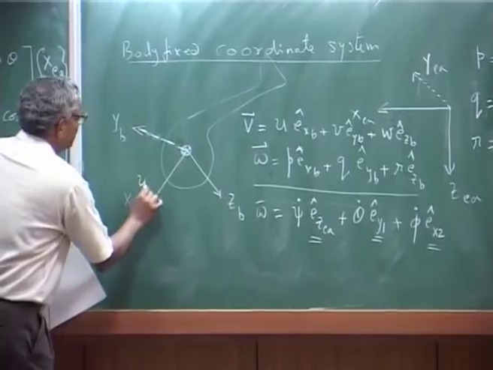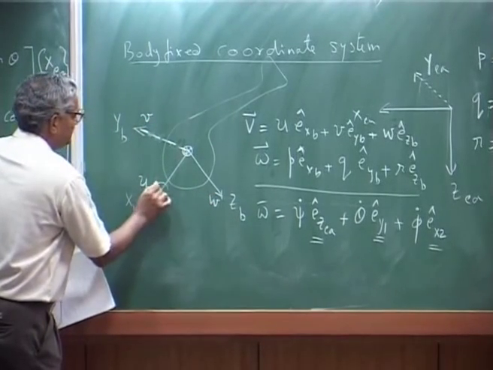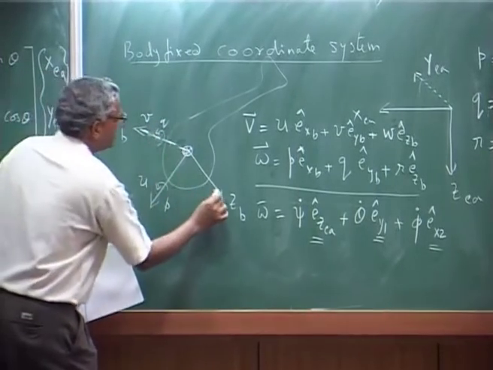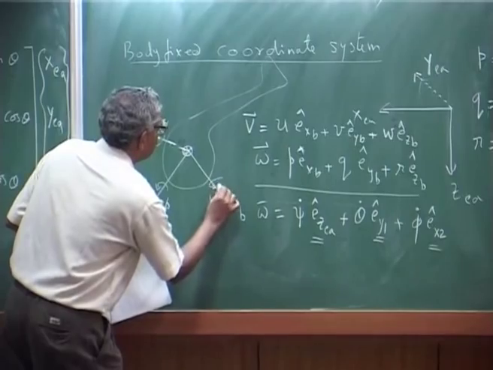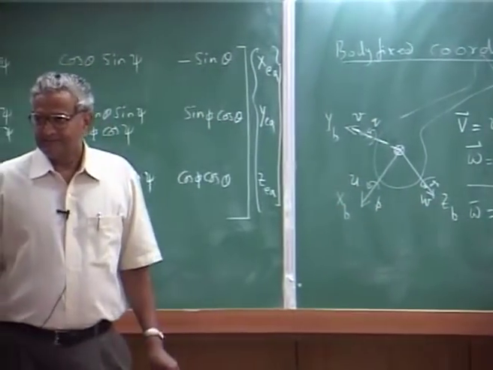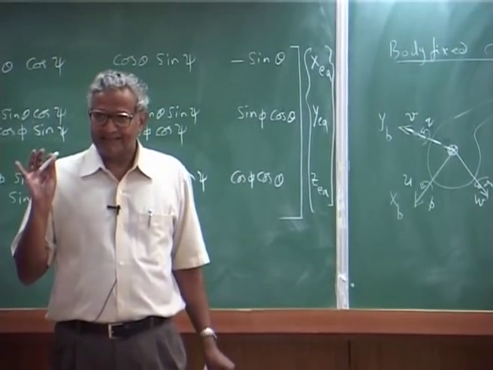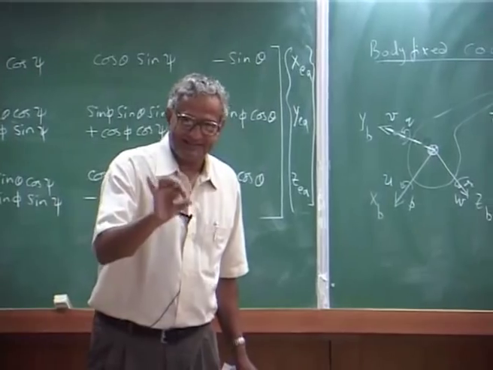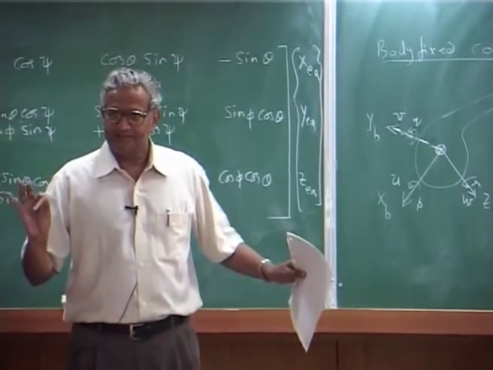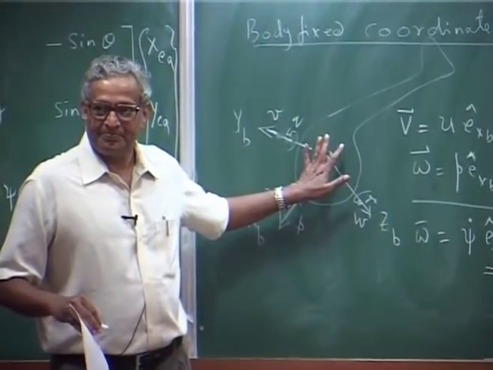That means this is my u, v, w and you have p, q and r. Okay. So, at a time I have a velocity of the body and the angular velocity of the body defined with respect to the body fixed system.